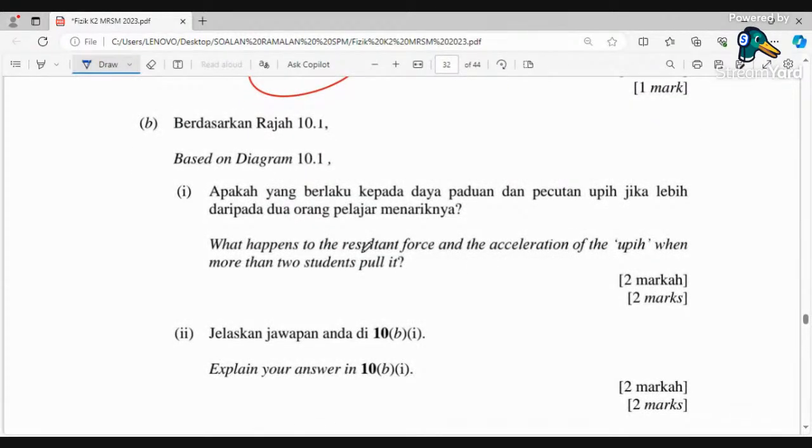Lepas tu soalan, okay, what happens to resultant force and acceleration when more than 2 student pulls it? Means F increase. Okay. Resultant force increase, acceleration increase. Okay, F equals to MA.